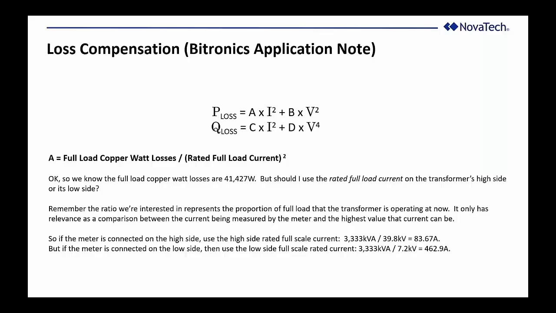But if I'm calculating the A factor, and I say the A factor is equal to the losses over the full load current, but the full load current on one side is 83 amps and on the other side is 460 amps, which figure do I use as the denominator? Which value do I square and use as the denominator to calculate my A variable, my A coefficient?